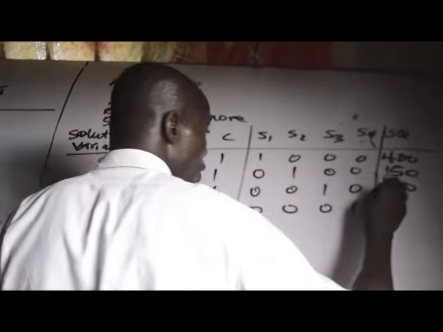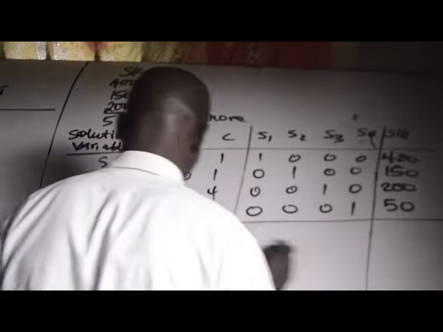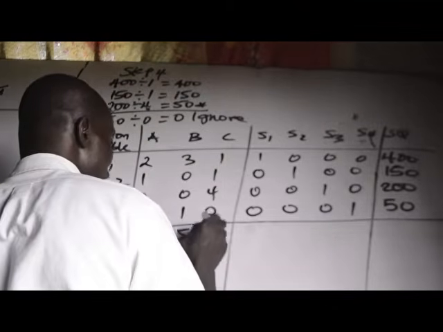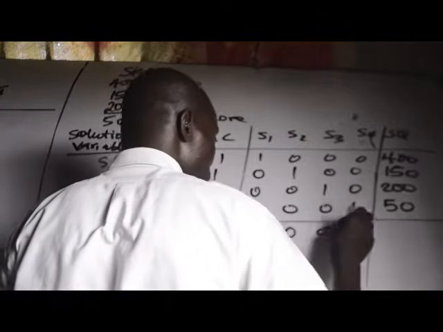We have that equals 50. And the value in our objective function, we have Z, which is 8, 5, 10, 0, 0, 0, 0, 0. Then our pivot, as identified above, is 4.